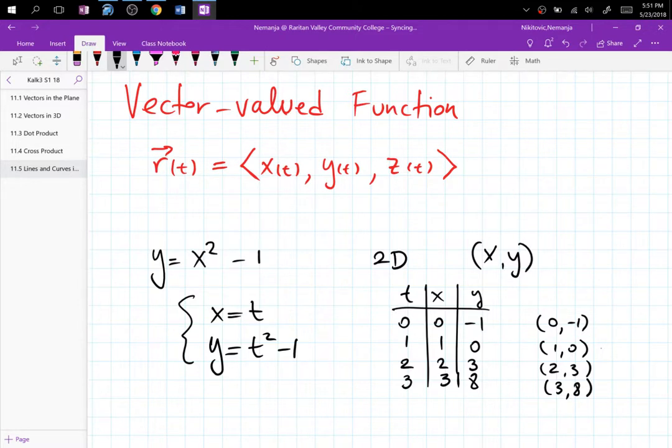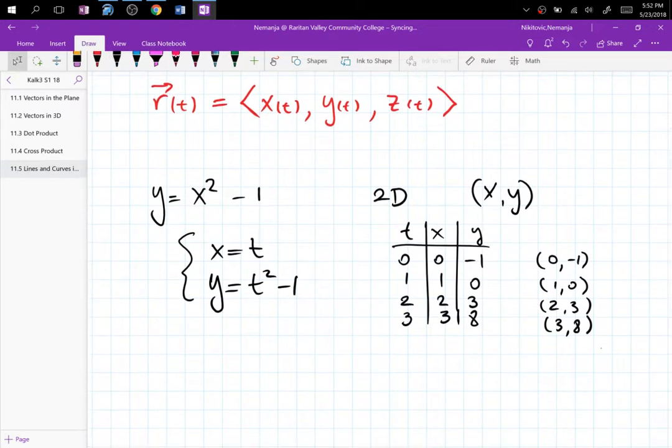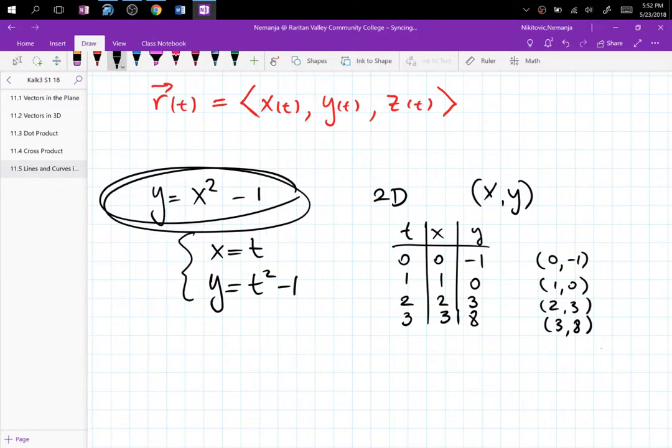So when you are looking at these, you say, all right, now I have ordered pairs, I can plot this, and I can get the graph. Well, you are going to get the parabola graph, the graph that you would get with this, right?